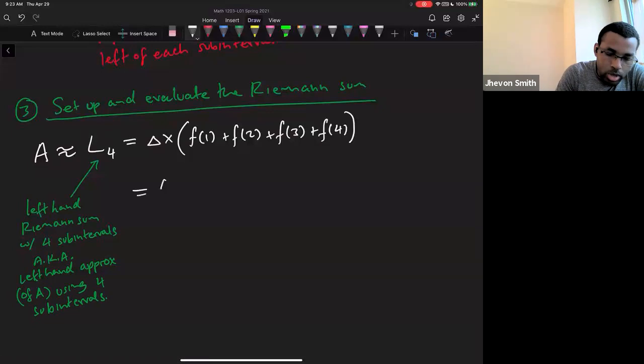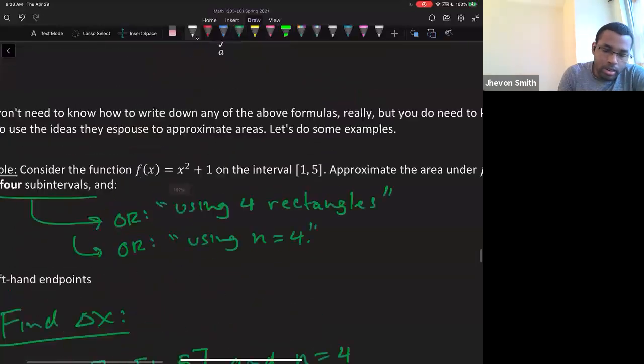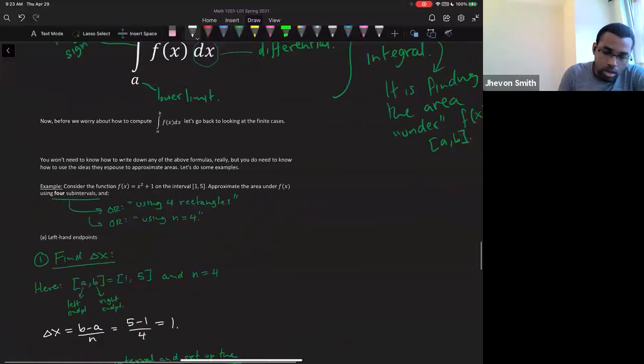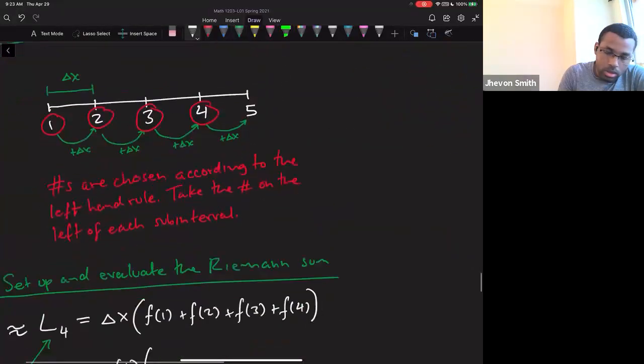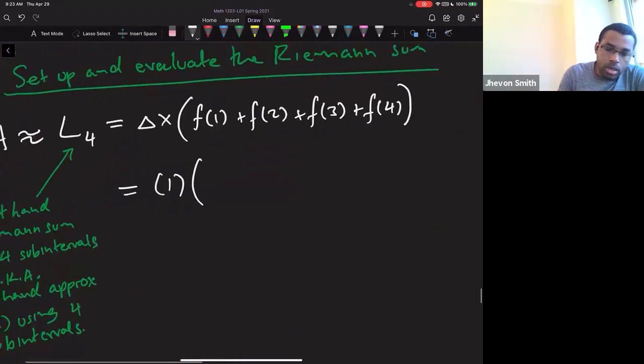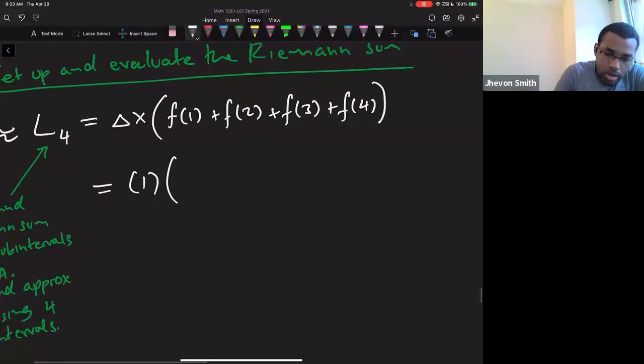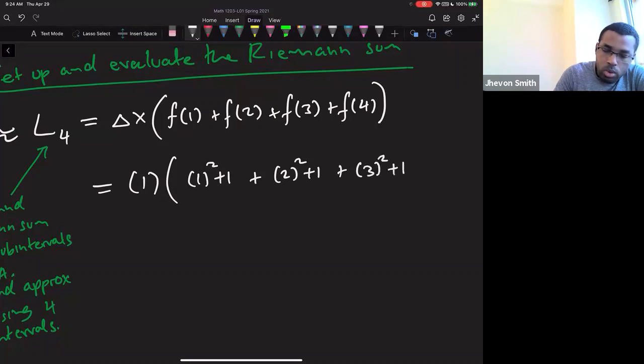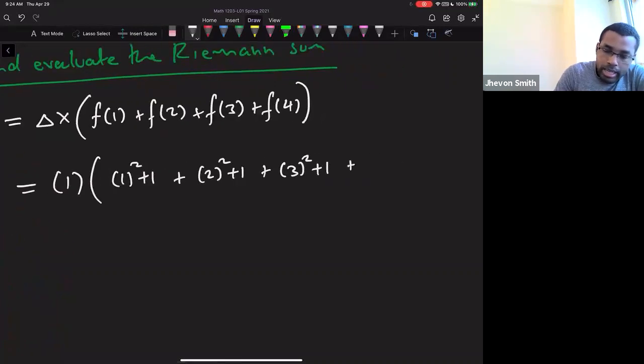Okay, and what is that? Well, our delta x we know is 1. And now what is f of 1? Well, the function is given, it's x squared plus 1. Right? So this is going to be, well, 1 squared plus 1. Then we're going to add that to 2 squared plus 1. Then we're going to add that to 3 squared plus 1. Then we're going to add that to 4 squared plus 1. Right?